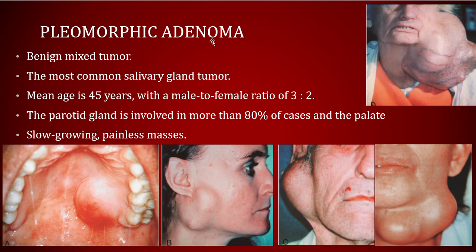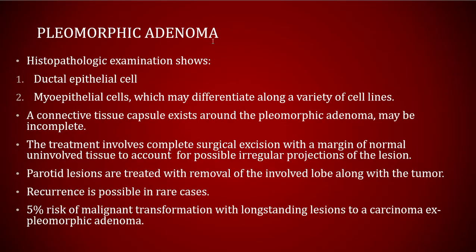Pleomorphic adenoma, the most common benign tumor. 45 years of age and more, in males. The parotid could be bilateral, can reach enormous sizes, and is a slowly growing painless mass. Histopathology would show ductal cells and myoepithelial cells, with a connective tissue capsule that prevents it from going deeper into tissues.